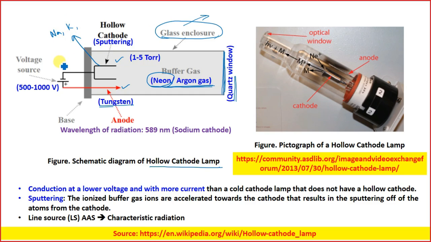Now, how will you decide which metal cathode to take? Suppose you want to find out the concentration of sodium, then you have to take the sodium cathode lamp. If you want to measure potassium, then you have to take the potassium cathode lamp.